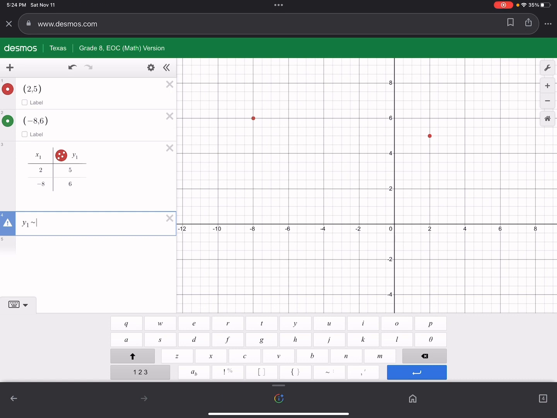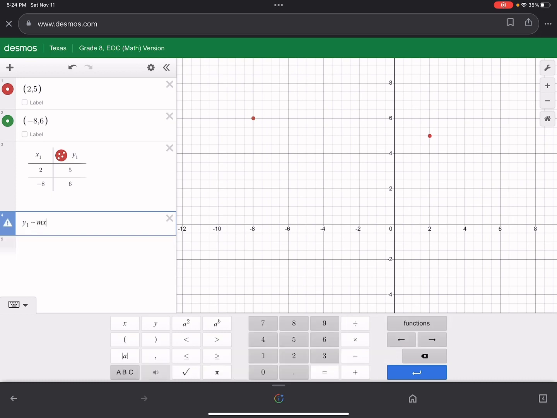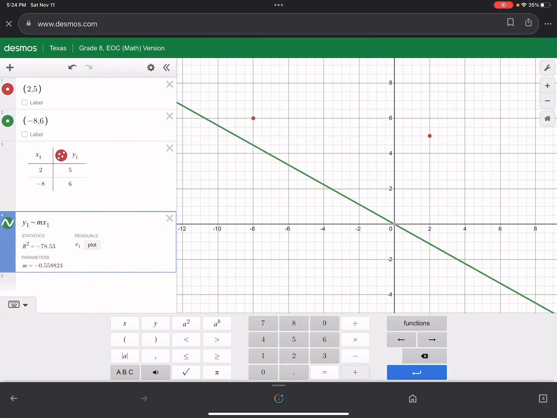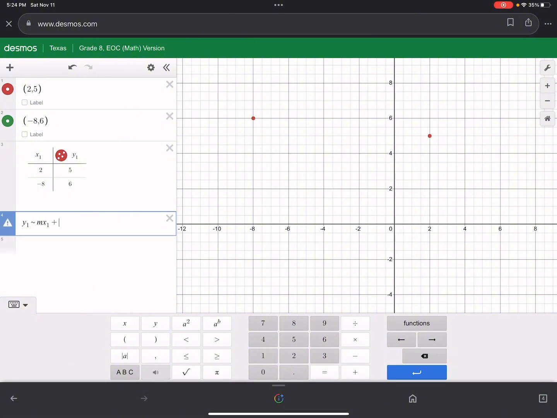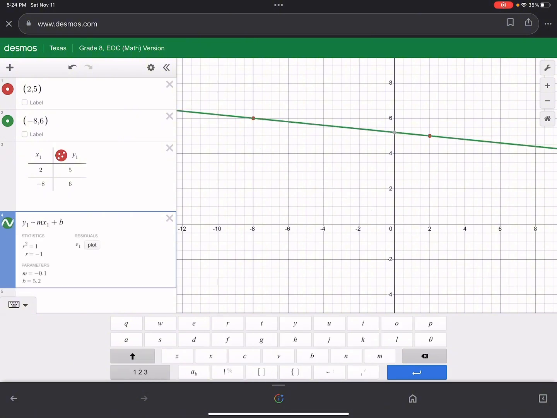So Y1 tilde or squiggly, MX, we're gonna hit the number 1 again, and then we're gonna do plus, and then we're gonna use the letter B. This right here is telling Desmos to find the equation of that line that goes through both of those points.